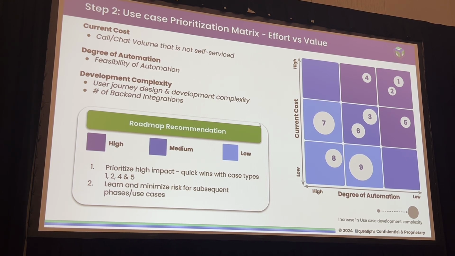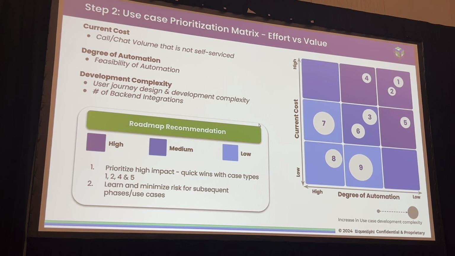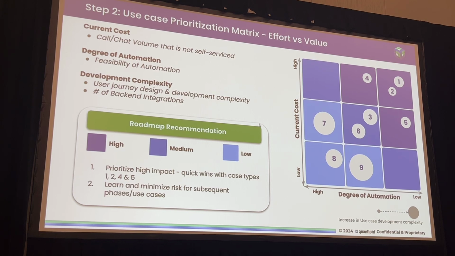And current cost is essentially a proxy of how many calls or chats you are getting for that particular use case. That effectively boils down to how many agents are supporting that use case, right? So that's a determinant of your current cost. The degree of automation is how feasible it is to automate, and the bubble size essentially represents the complexity of that use case from a development perspective.